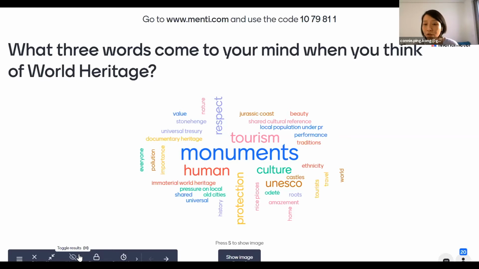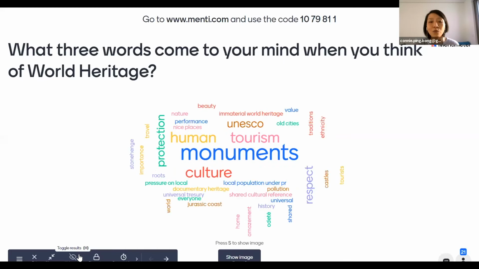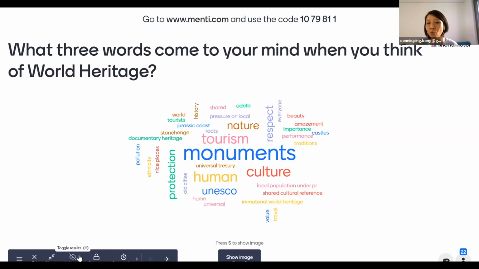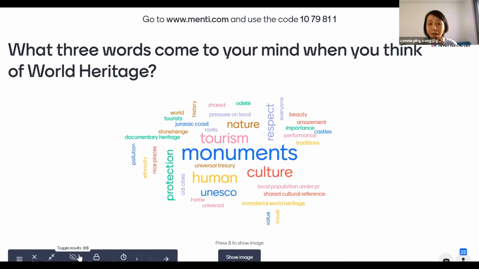So what I want to show here, which you reaffirmed, is that World Heritage represents outstanding places with cultural diversity and also biodiversity, which hasn't been mentioned much here, but indeed World Heritage is for both sides.